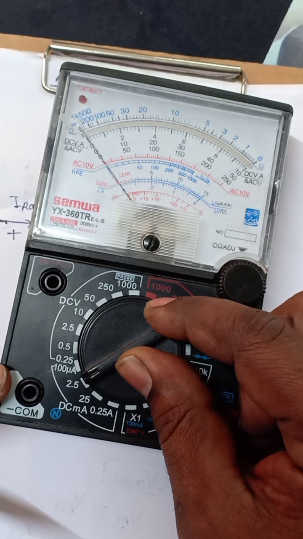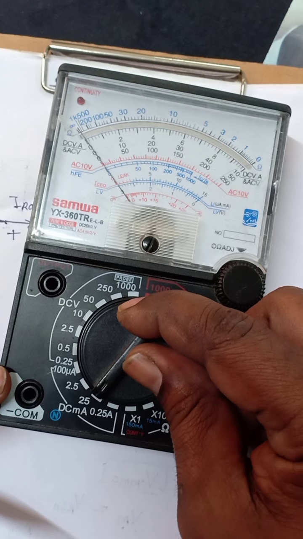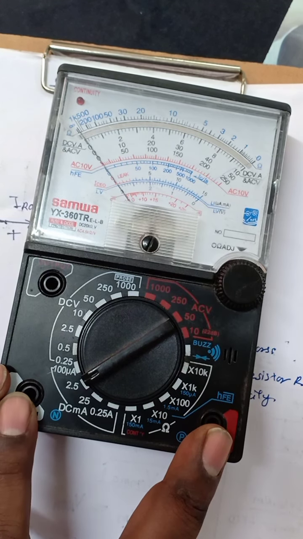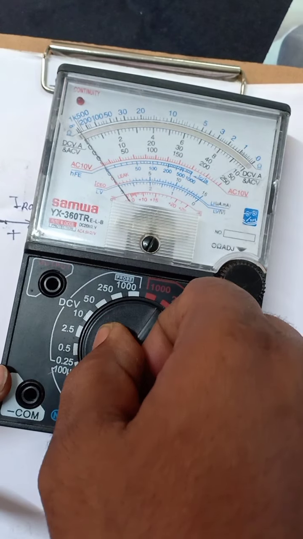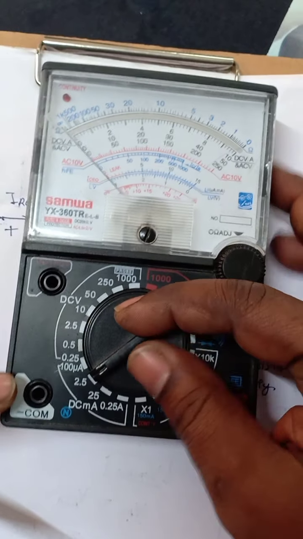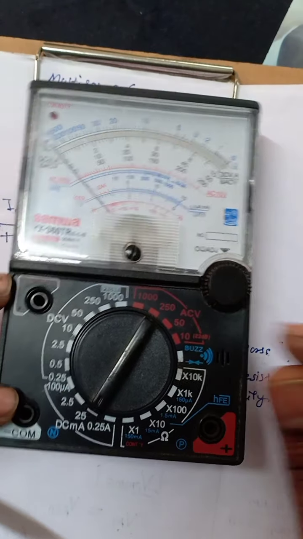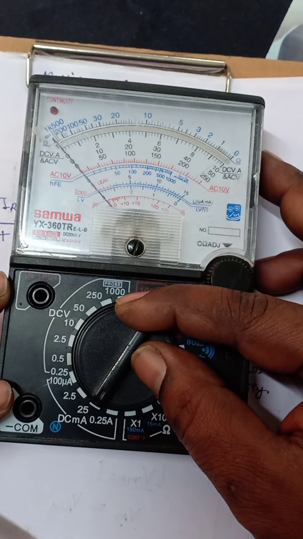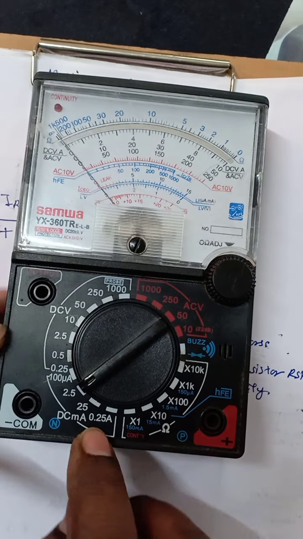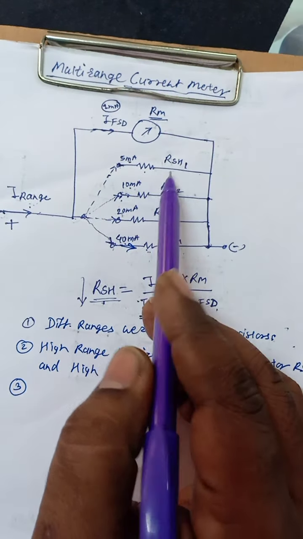As we shift from low range to high range while applying a current, in the intermediate state, there is no contact with any range or any RSH.